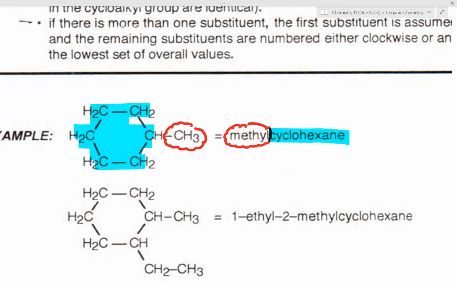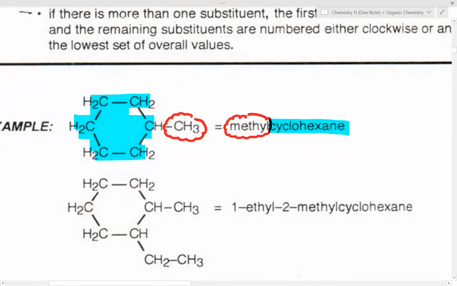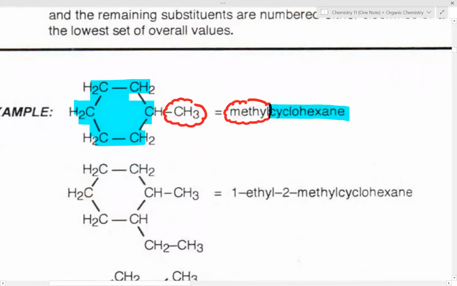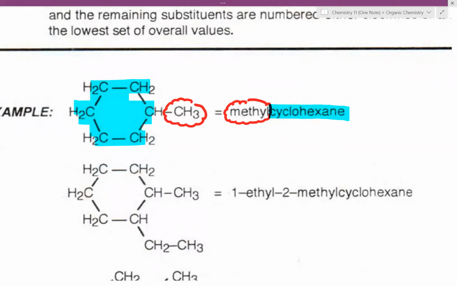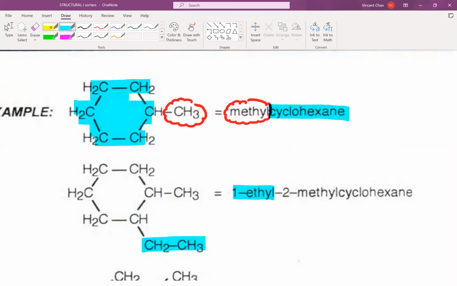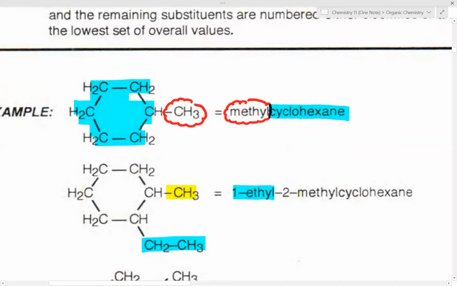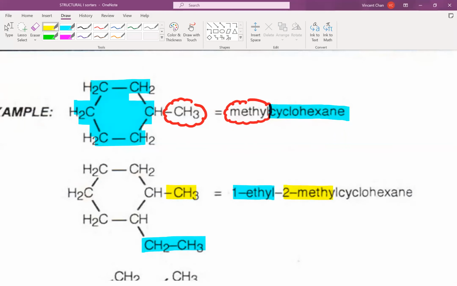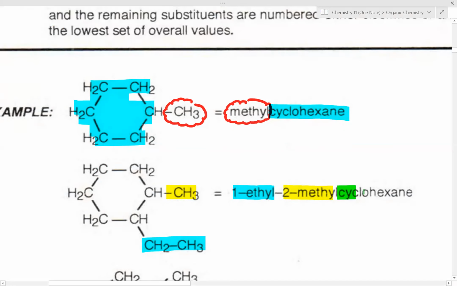Now, how about this one here? 1-ethyl, 2-methyl cyclohexane. So in this case, you have the ethyl group here. You have the methyl group here. And then you have the cyclohexane, which is this group right here.